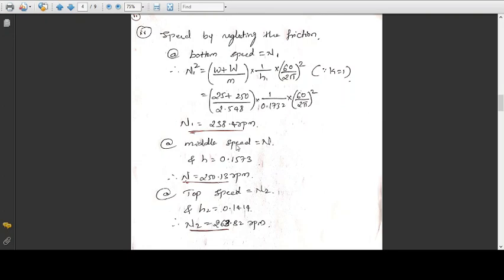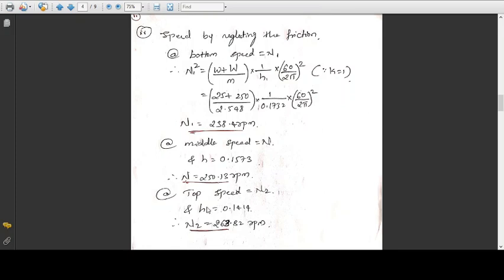Similarly, at the middle the speed is given by n. You have to replace n1 by n and h1 by h. The h value we have already calculated as 0.1573. After the substitution, you will get the speed at the middle as 250.13 rpm. Similarly, for the top, the speed is denoted by n2. Replace n1 by n2 and h1 by h2. Here the h2 value is 0.1414.